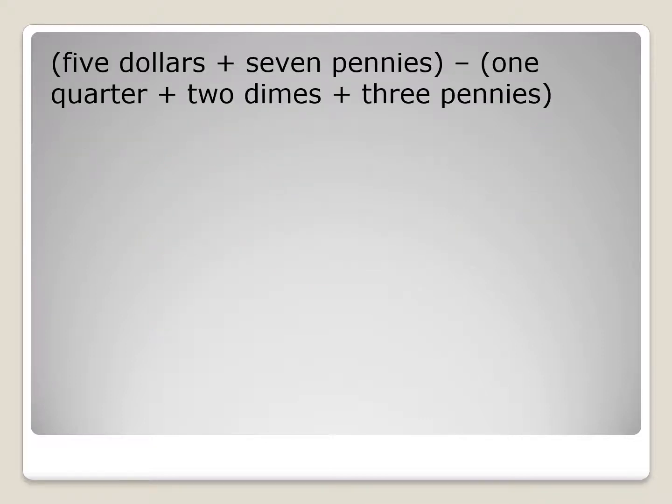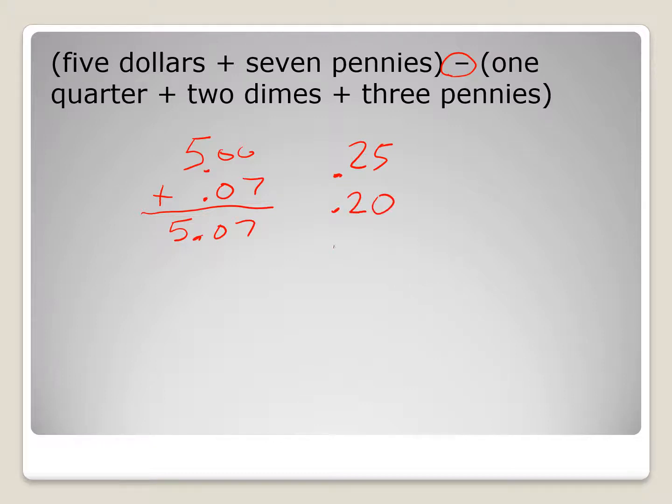So I have $5 plus 7 pennies, which is 7 cents. So $5.07 minus 1/4, which is 25 cents, 2 dimes, which is 20 cents, and 3 pennies, which is 3 cents, for a total of 48 cents.